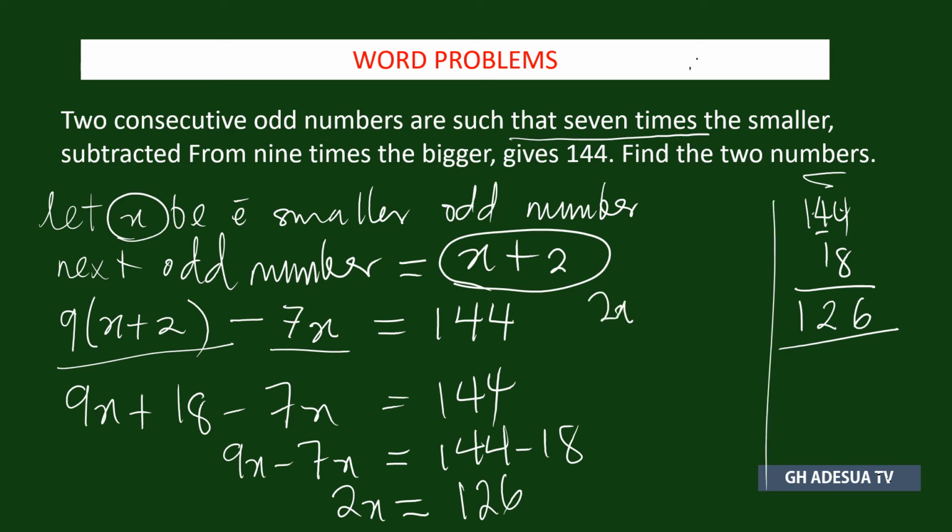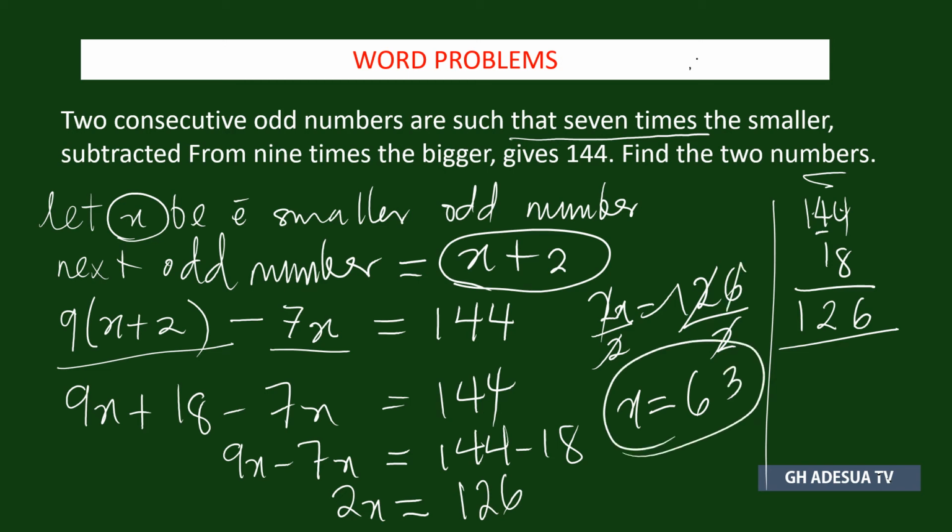So 2x over 2, 126 over 2. That is x is equal to: 2 into 12 is 6. And then 2 into 6 is 3. So x is equal to 63.